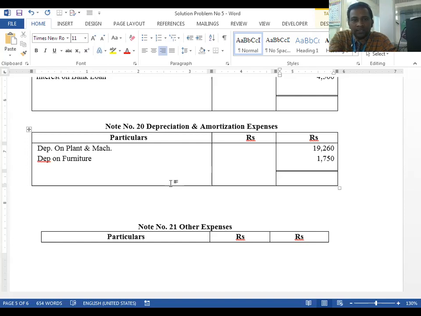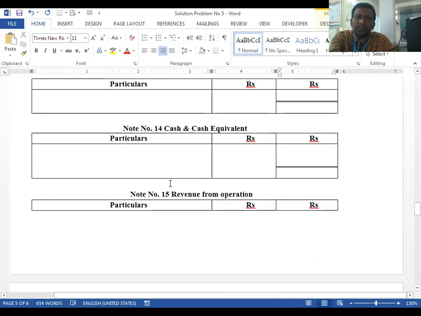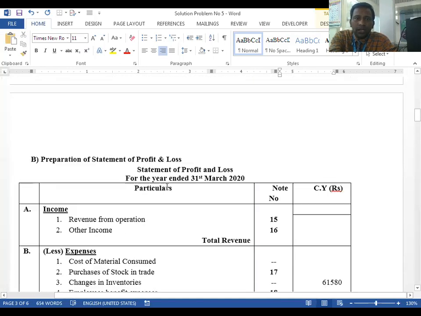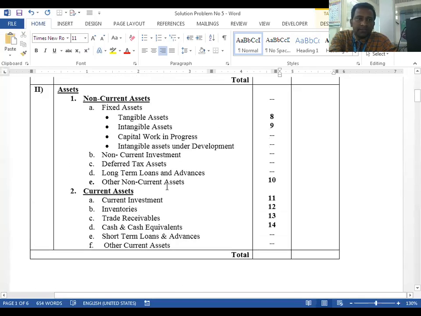Okay, it is current asset. So we just overlook the format of the balance sheet. It is a current asset, so it falls under current asset. So no need to look for it under non-current asset. Is it current investment?